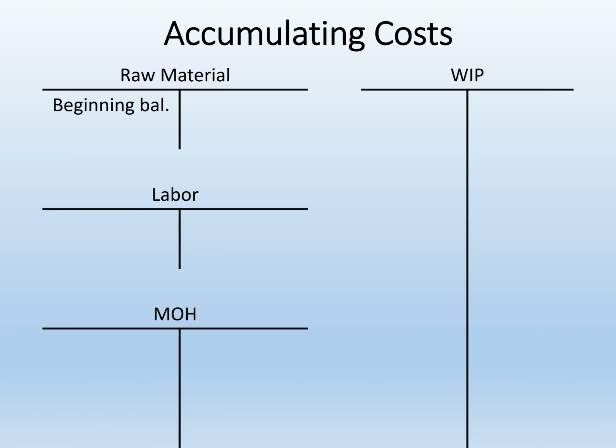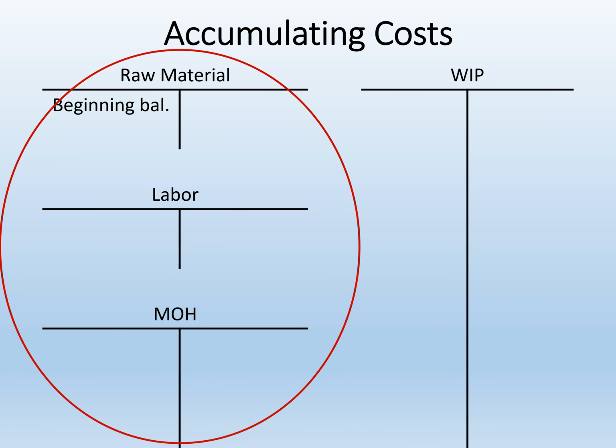These T accounts are a good way to understand how costs flow through a firm's accounting system. Manufacturers think of their production costs in 3 main categories: raw materials, labor, and manufacturing overhead.